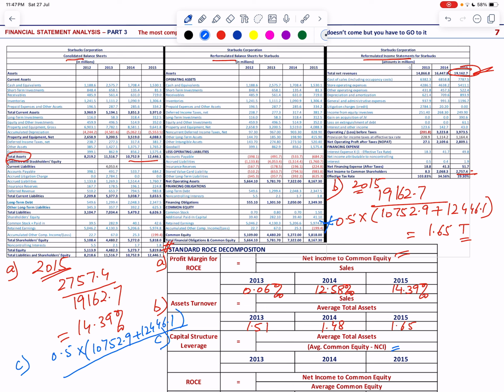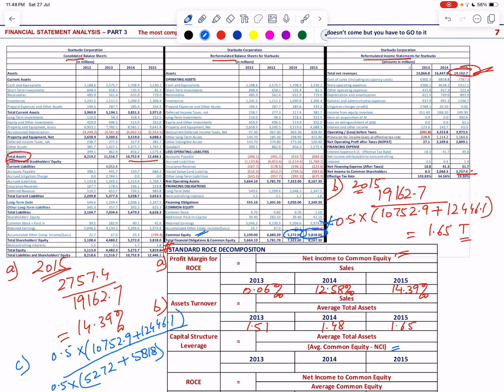We have the common equity over here, that is 5272 plus 5818, and this will be multiplied by 0.5.